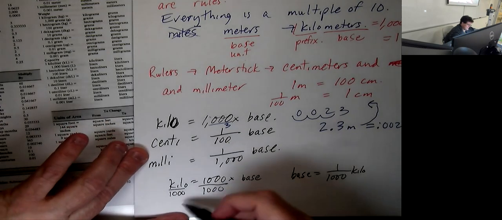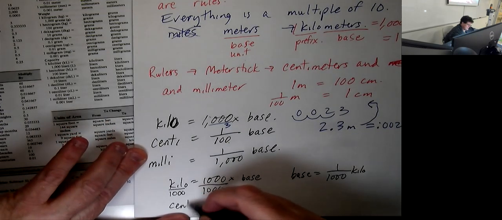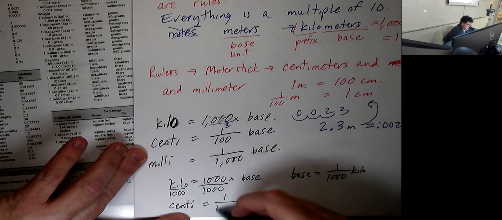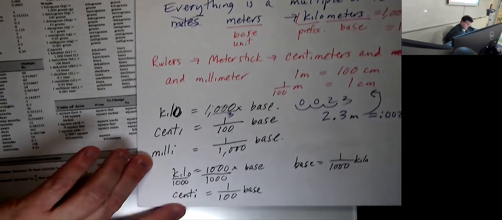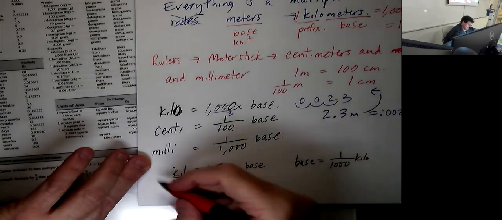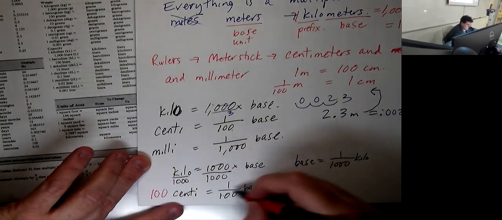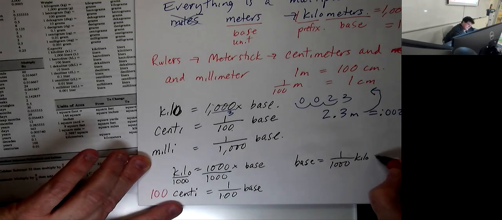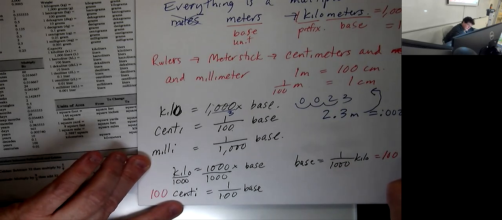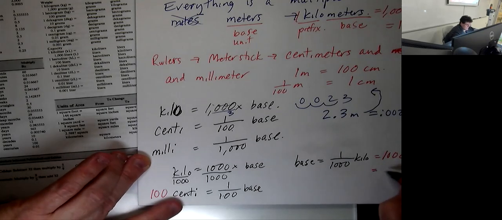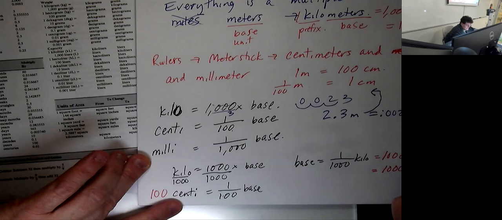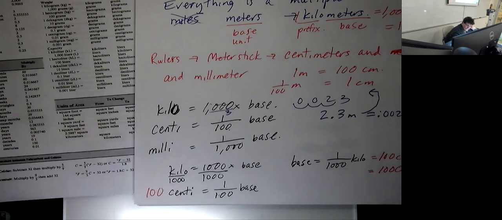If I want to get rid of centi, I have 1/100. I can multiply both sides by 100. So 100 centi is 1 base. And you do that with milli, you get 1,000 milli is 1 base.